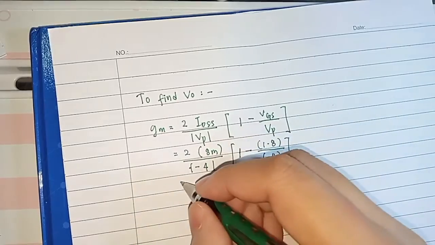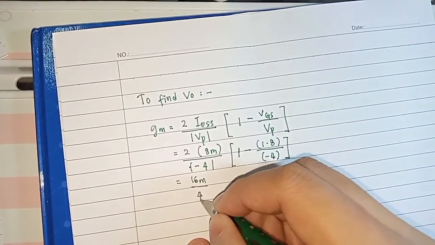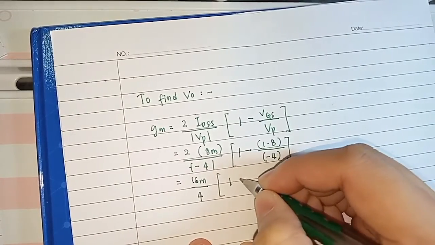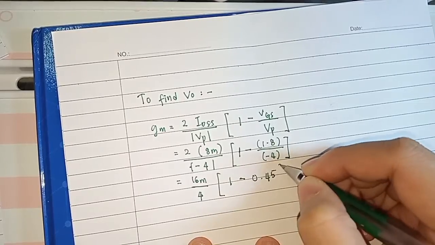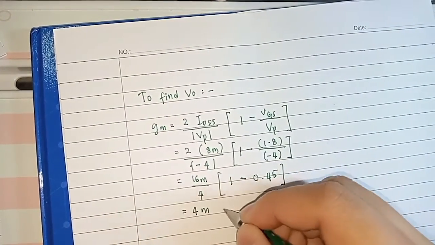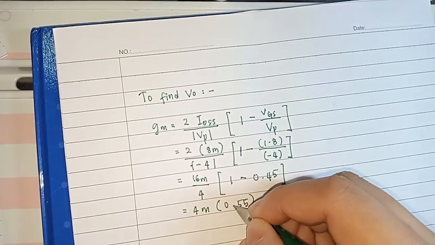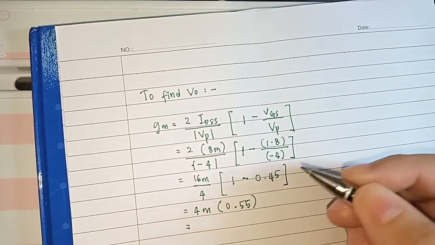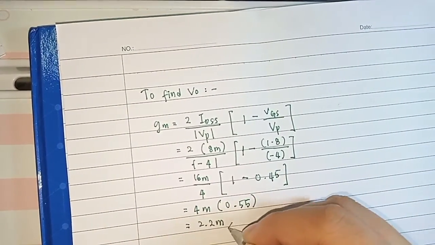So we get 16 milli over 4 times 1 minus 0.45. So 4 milli times 0.55. The answer for gm is 2.2 milli.